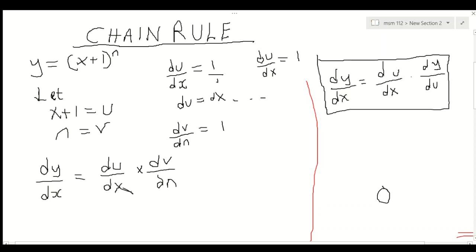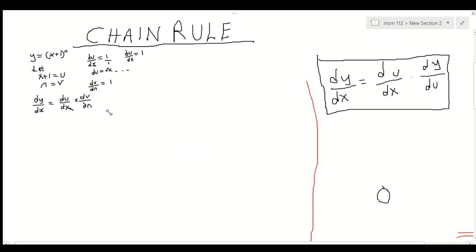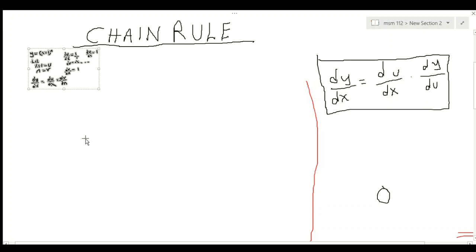I'm going to illustrate what I meant by doing this using this example. So you have to compare something, so let me reduce it to this corner so that you can be comparing. So solving this example, let's say we've got y is equal to the natural log to the power 2x.